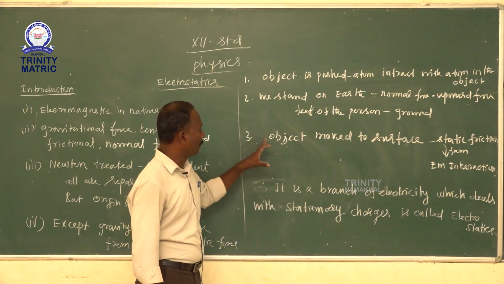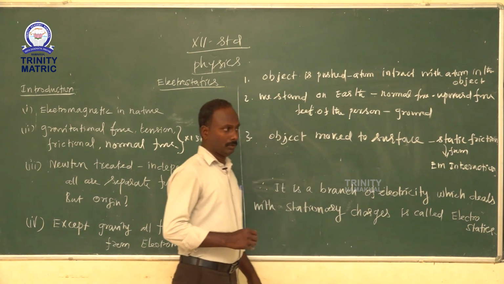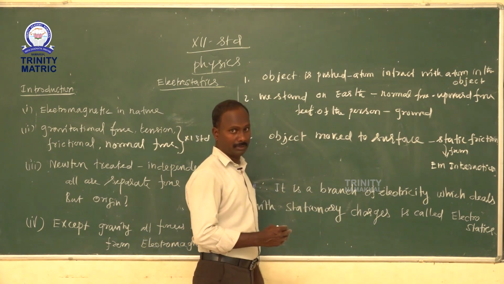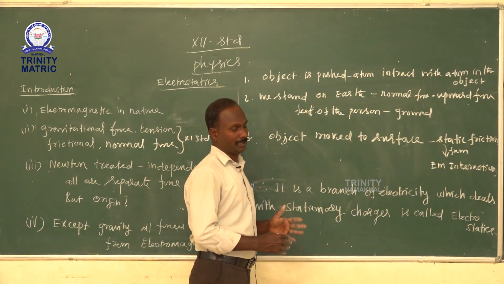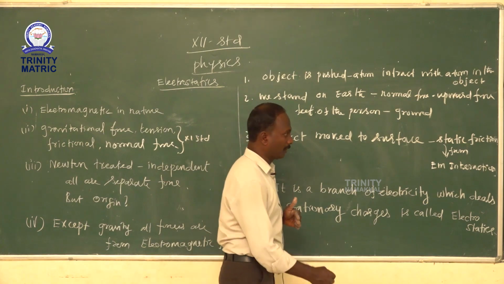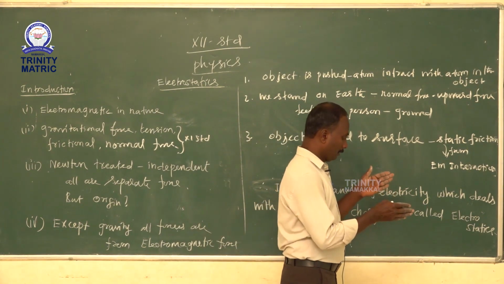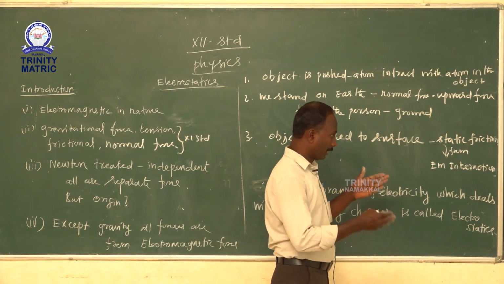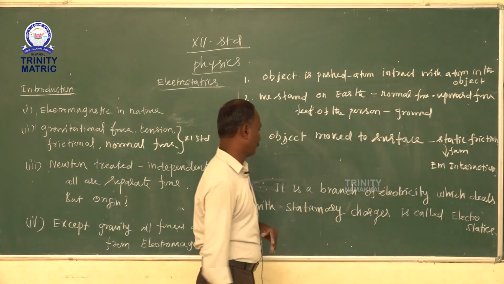Another one, an object moving on a surface, or us walking on a surface. When the surface is rough, it is easy to walk. The feet are in contact with the surface of the earth, so static friction forms between the object and the earth. So here also the electromagnetic interaction is there.